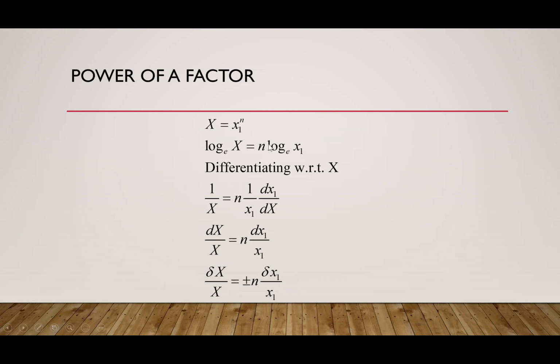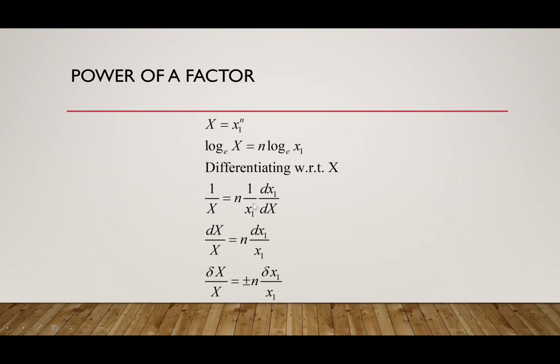When we talk of the power factor, that is if your x is equal to x1 raised to the power n, then again if I take the log, log x will be n into log of x1. Following the same method, I differentiate it with respect to x. I will get 1 upon x is equal to n into 1 upon x1 into dx1 upon dx.